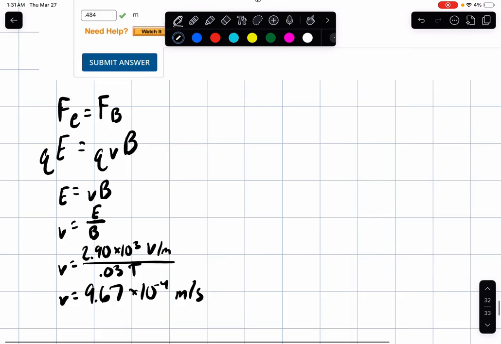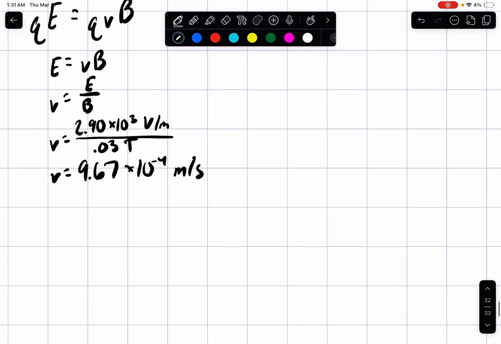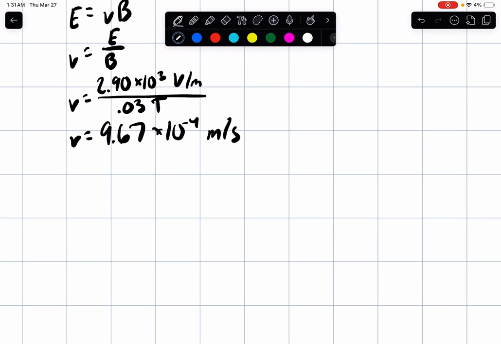Well, I mentioned that the charge is going to move in a circular motion up there at the top. So this is centripetal force. And if you remember, centripetal force is equal to mv squared over r.